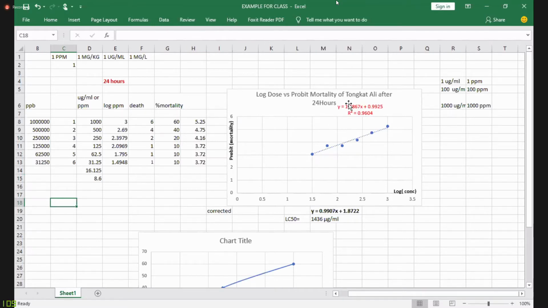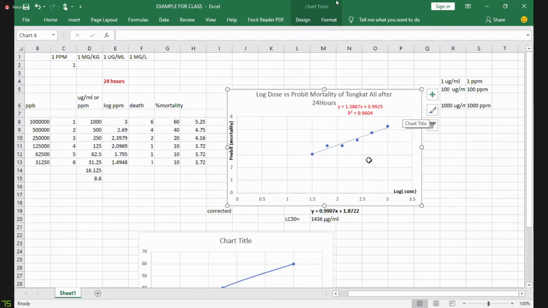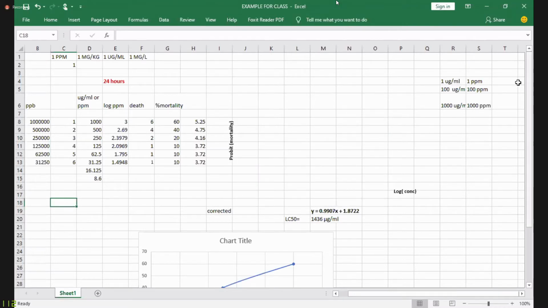So without looking at this graph, let me just delete all of this graph. Okay, so are you with me? This is the concentration given for a toxic compound. We start with the highest concentration, double diluted or half diluted: 1,000, 500, 250, 125, 62.5, and 31.25 microgram per mil or parts per million. This is a column for the log concentration.